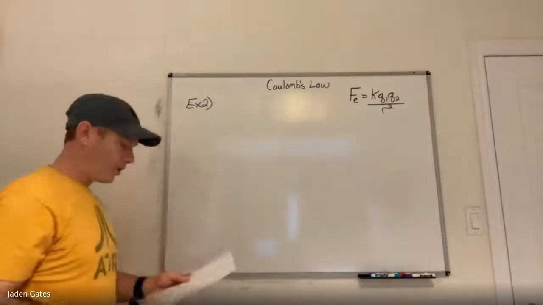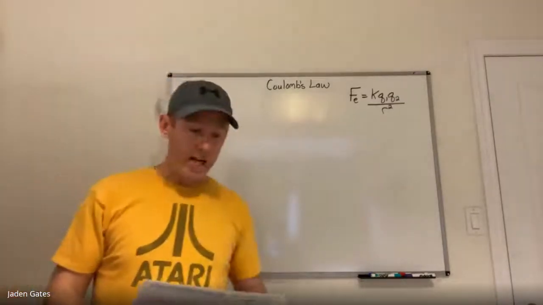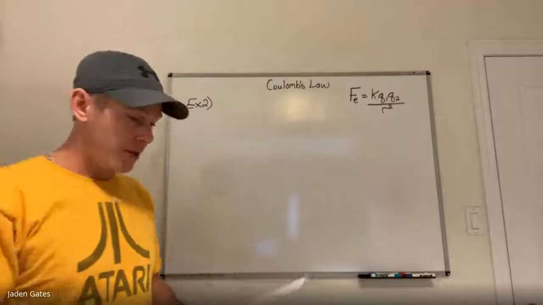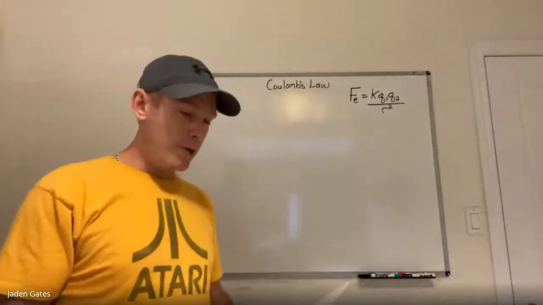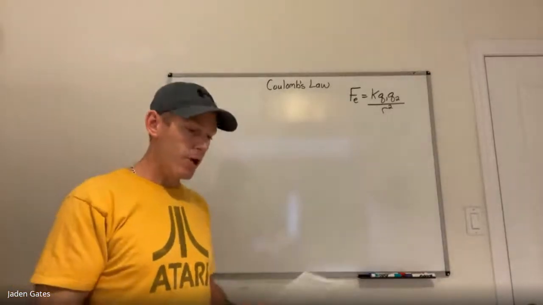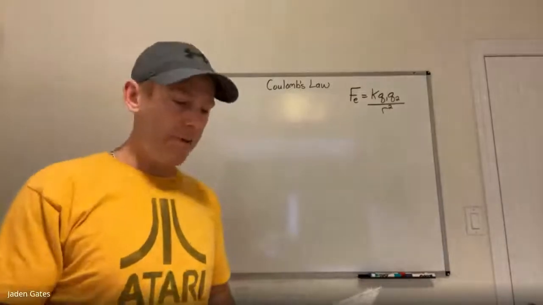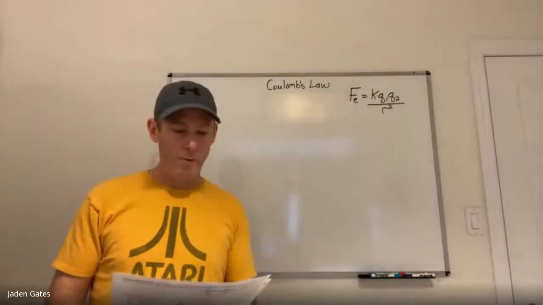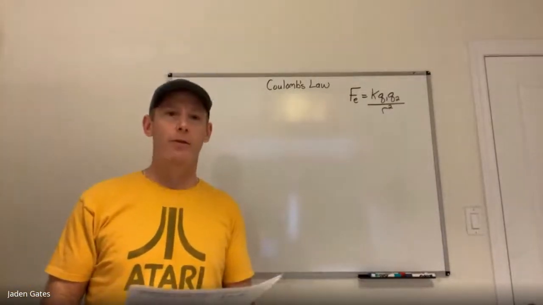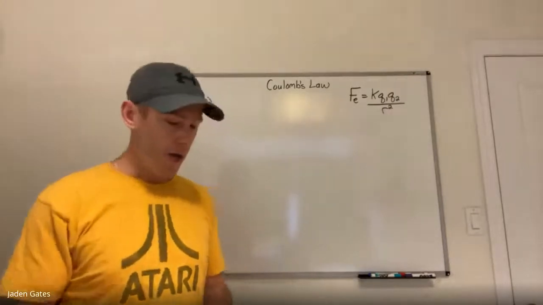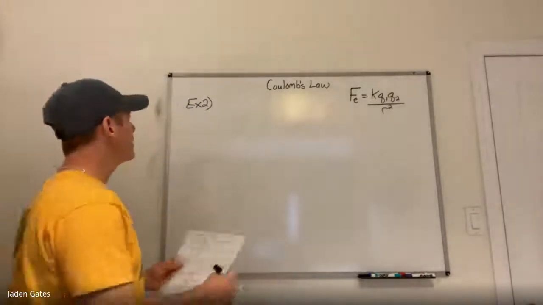All right, dealing with Coulomb's law, it asks: what is the magnitude of the force of repulsion between two small spheres that are 1 meter apart if each has a charge of 1.0 times 10 to the negative 12 coulombs? All right, so I'm just going to draw a little picture here.